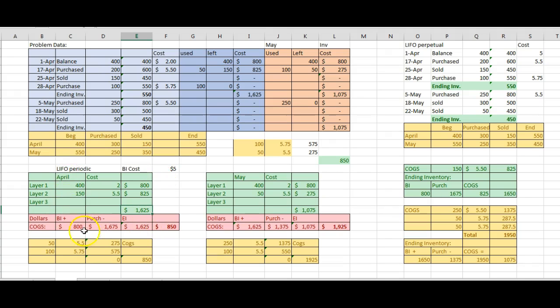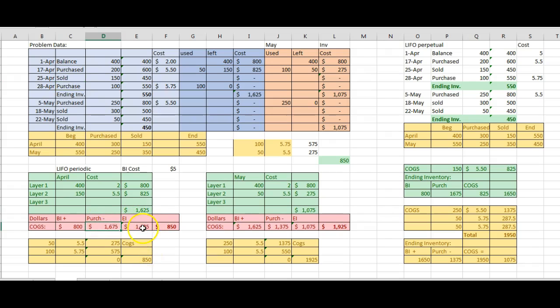So let's start with our little equation for cost of goods sold and see if this all measures. We have beginning inventory of 800. Remember this, 400 times 2. We had purchases of $1675. If you add these two purchases up, you'll come up with $1675.